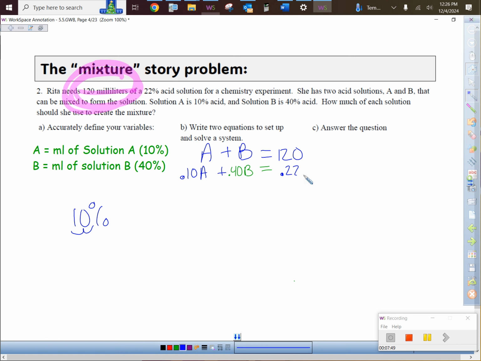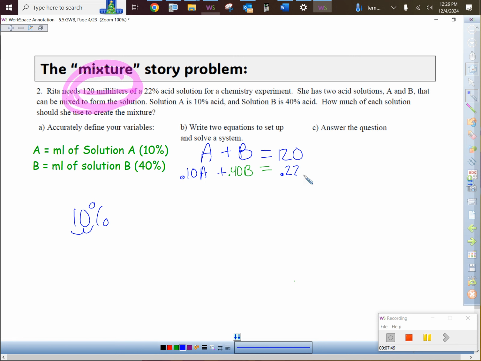22% of what? Would you believe when I filled this cup, it has 4 ounces of fluid in it now, right? 2 ounces and 2 ounces. Isn't 5% of these 4 ounces coffee in this case, right? So I need 22% of the entire cup to be this acid solution. How many milliliters is in the cup?